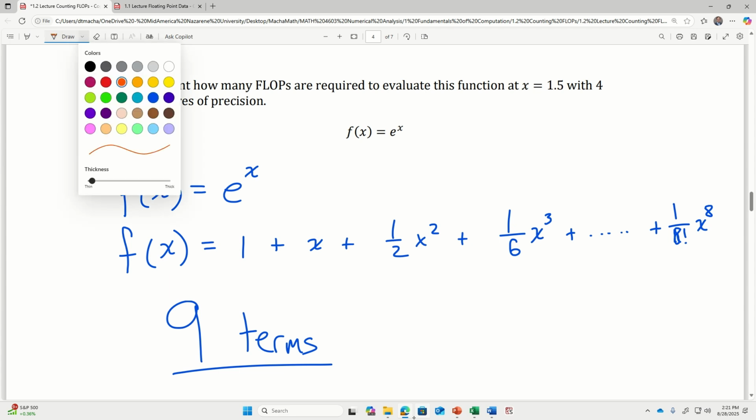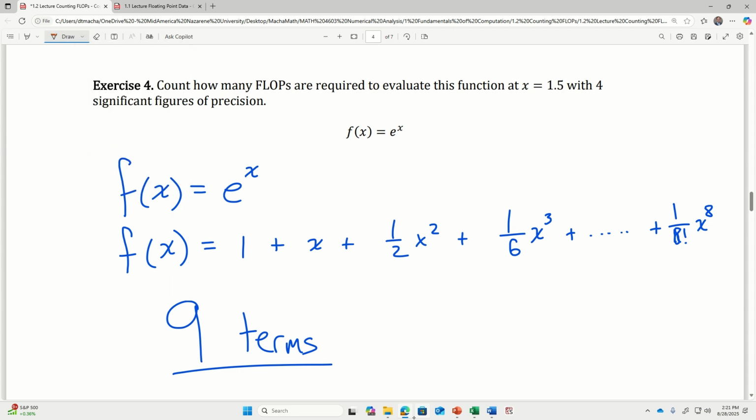And how many flops do we need? Well, the first thing I would do is I'm going to calculate all of the powers of x. And I'm going to do them so that it builds up on itself, right? Every time I come up with a new power of x, I'm going to save that somewhere in memory so I don't have to repeat flops all over again.